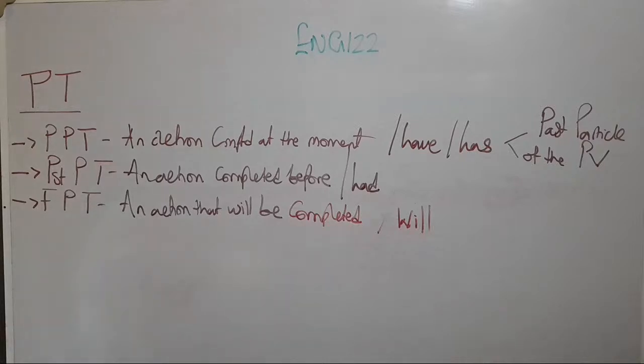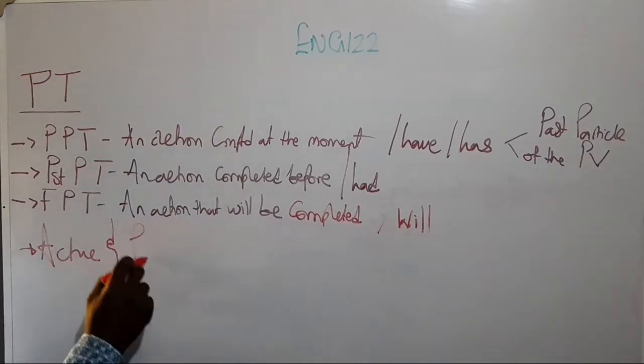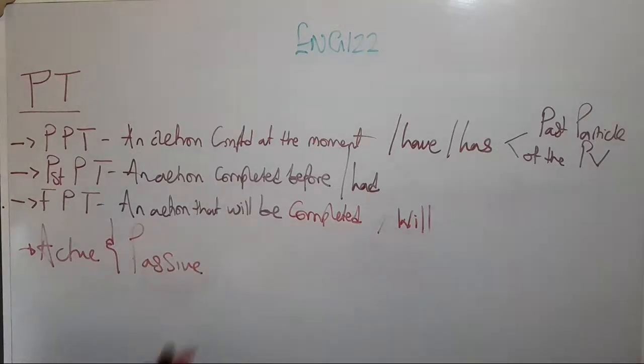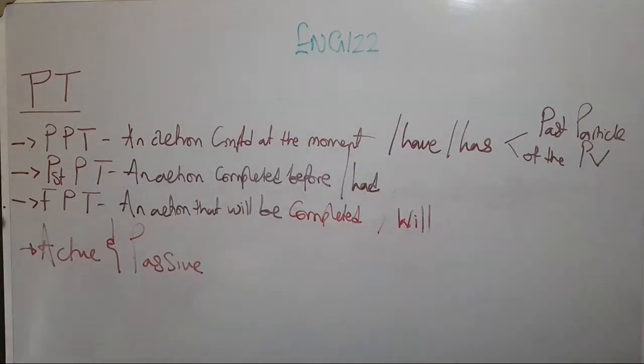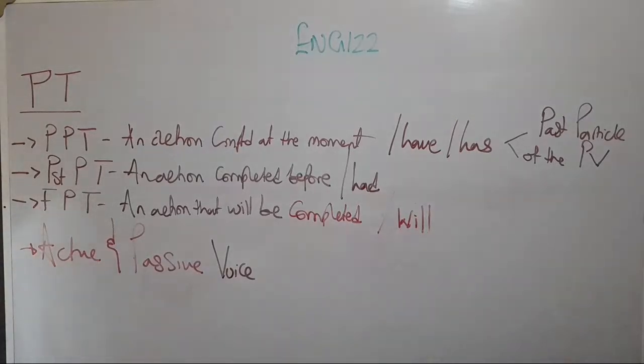Now, let's take a step further. There's something called the active and passive voice. When we say active voice, we have already seen that when the subject is performing the action of the verb, we say that the verb is in the active voice.